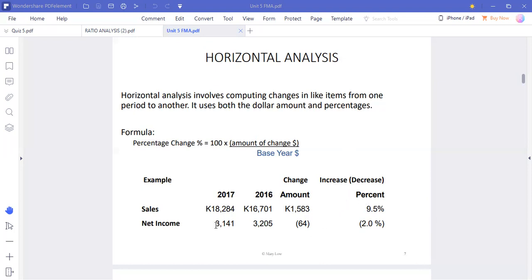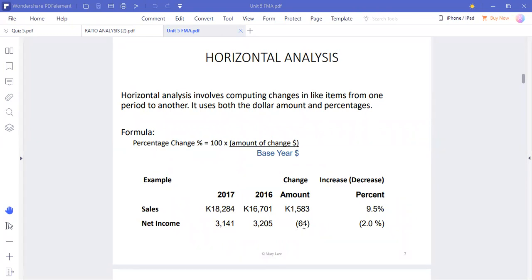So for the variance in net income from 2017 to 2016, clearly we are decreasing from 3,200 to 3,100. The change from year 1 to year 2 is negative 64.